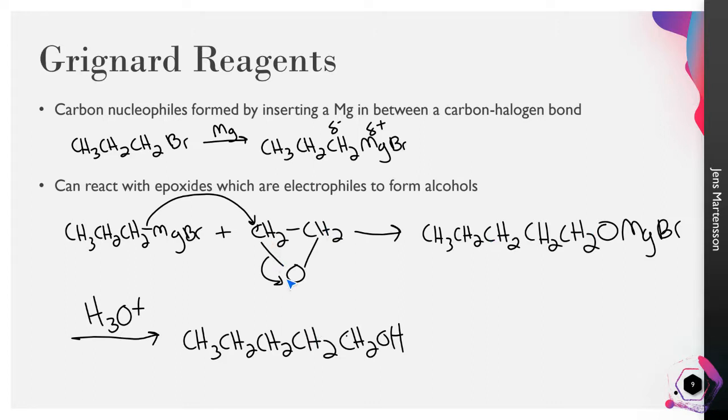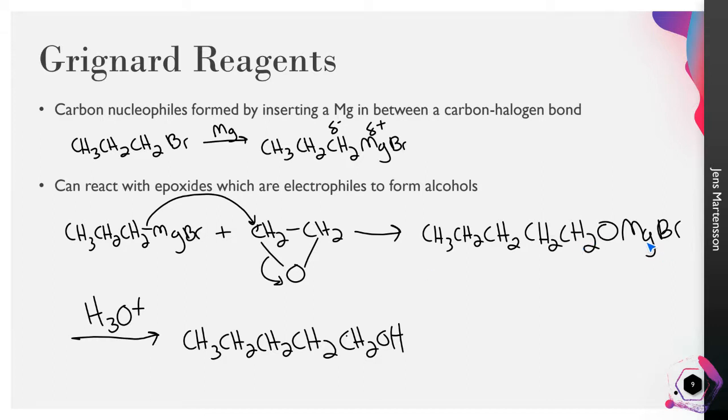And then this oxygen lets go and it's still connected to this carbon here. Carbon-magnesium is a covalent bond, but oxygen and magnesium is an ionic bond. So now these are ions.